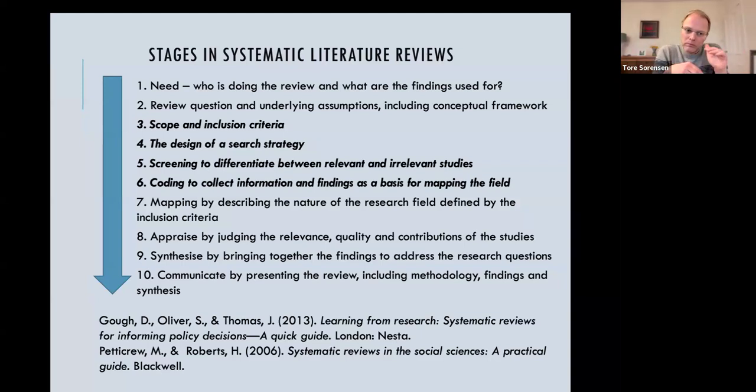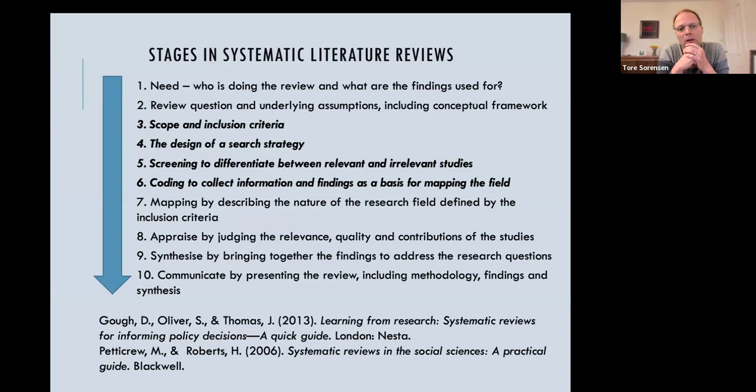So, to give you a bit of time to take in these different stages, you have the reference here from Gough, Oliver and Thomas, 2013, but also Petticrew and Roberts, another very much cited reference about literature reviews, systematic reviews. So you start from the need. You have a review question, or let's say a research question for your review.